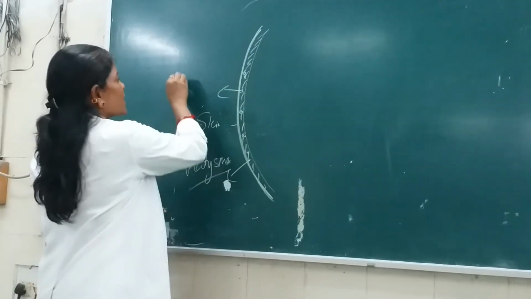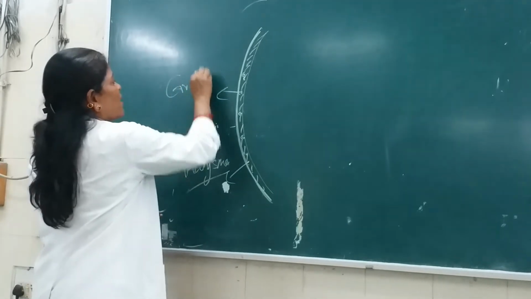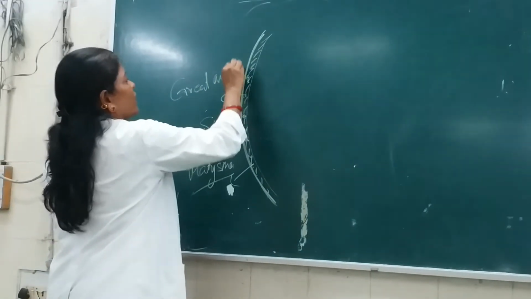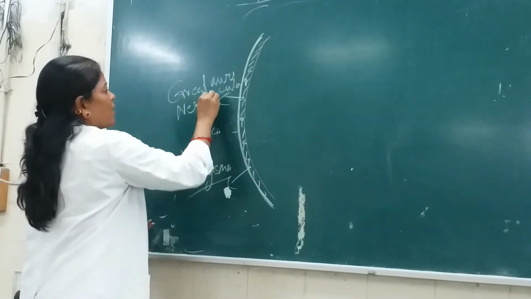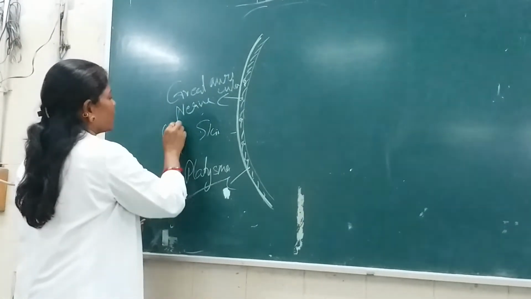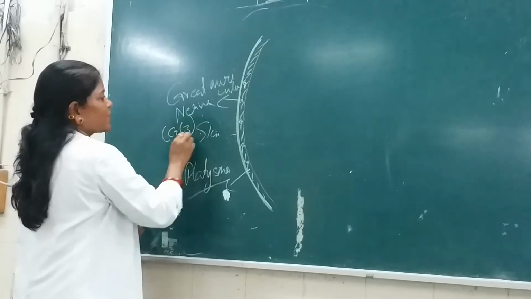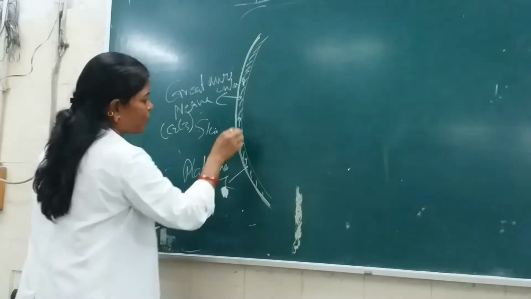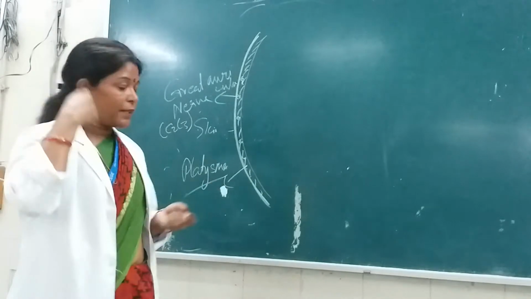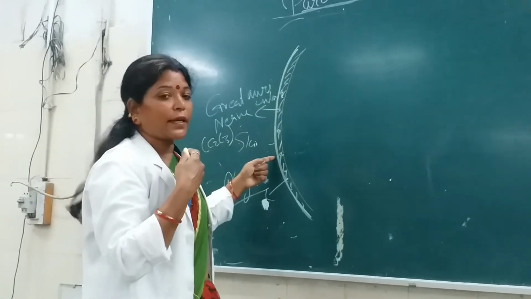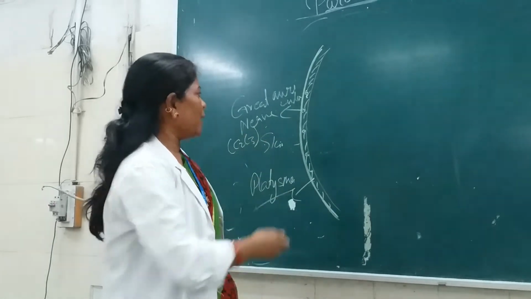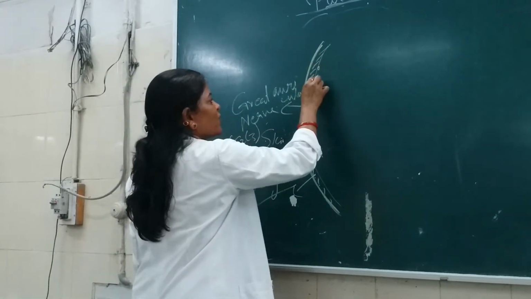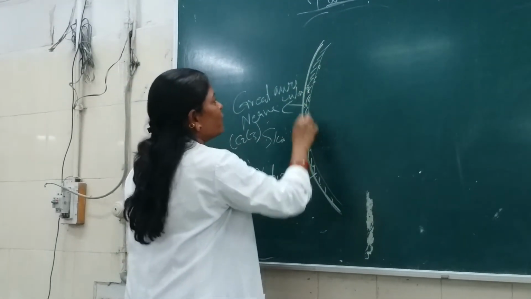This is the great auricular nerve. The root value of the great auricular nerve is C2 and C3. So in the superficial fascia there are branches of the great auricular nerve present, and also the superficial group of lymph nodes.